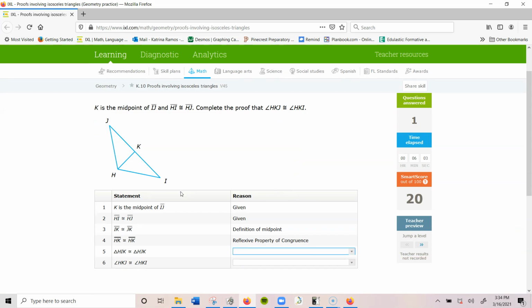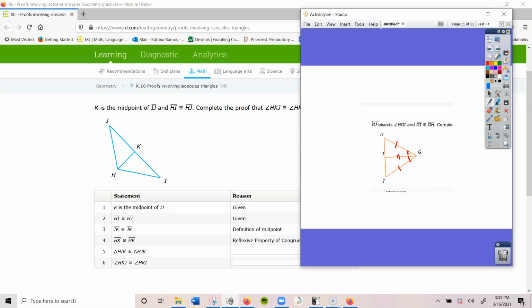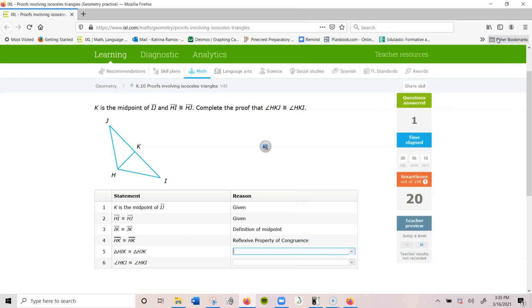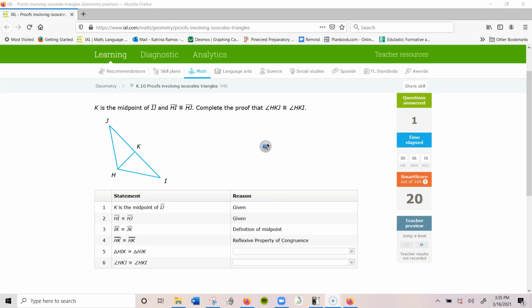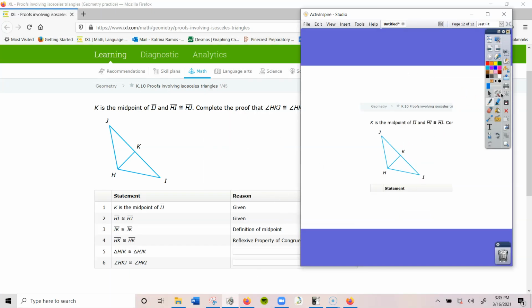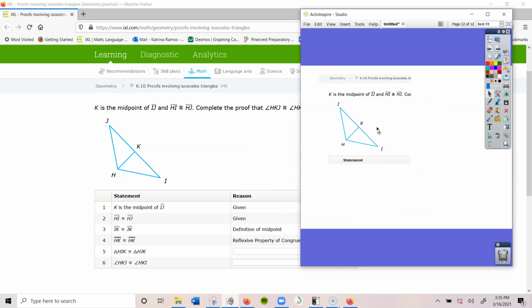Now over here, we have K is the midpoint of IJ. So once more, let me go ahead and copy this diagram. Okay. If K is the midpoint, then that means that JK is going to be congruent to IK, which is given here in statement 3.